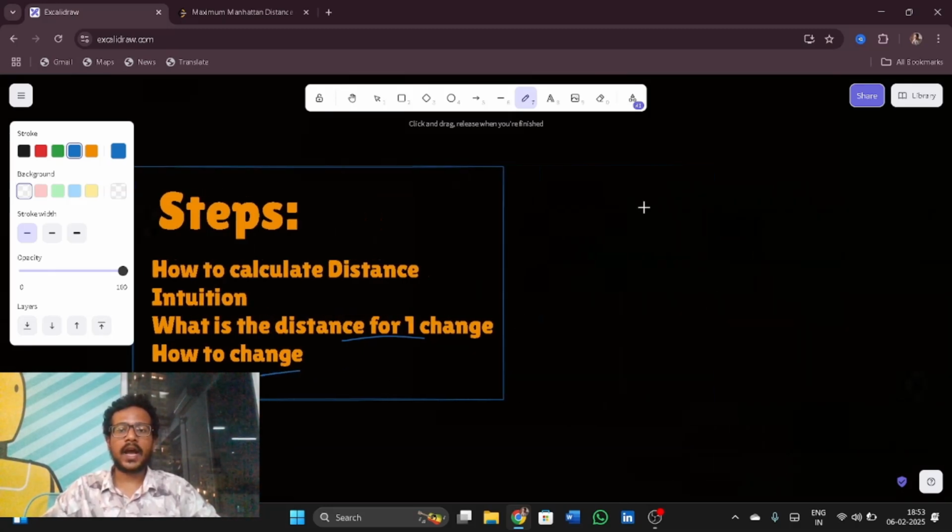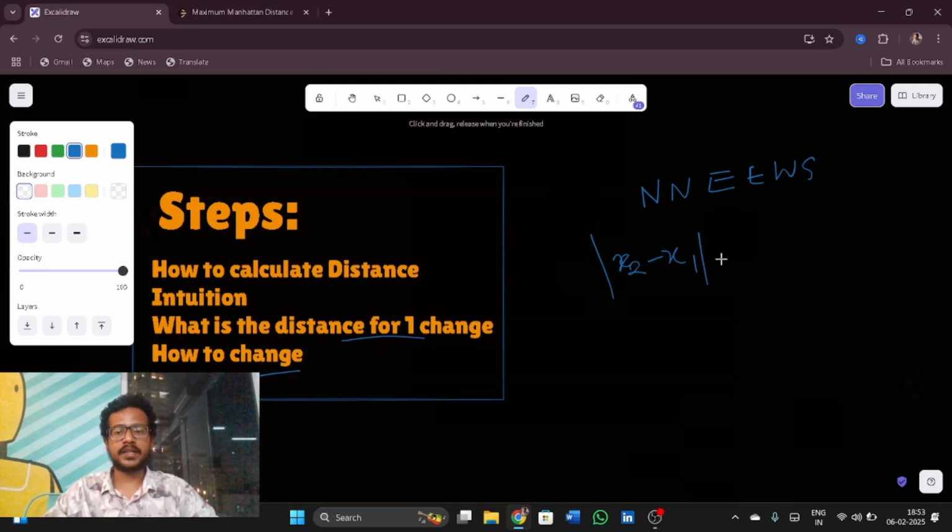Imagine you have something like north, north, east, east again, and then west, and then south. The first formula for Manhattan distance is the modulus of x2 minus x1, plus the modulus of y2 minus y1.